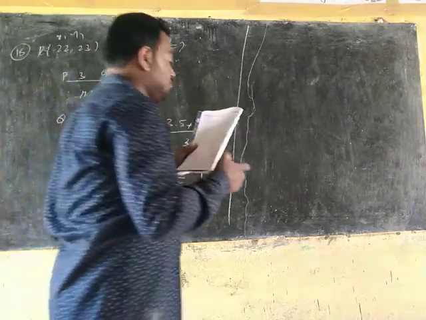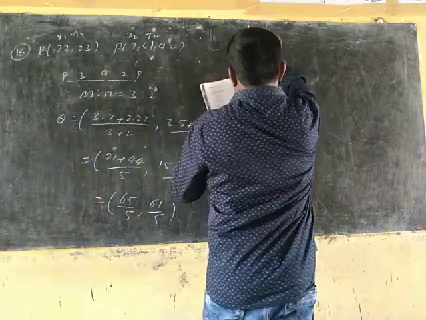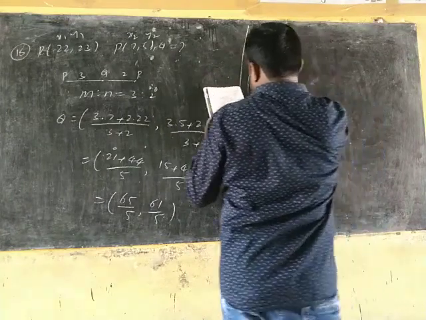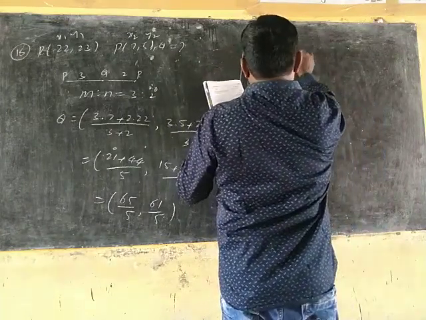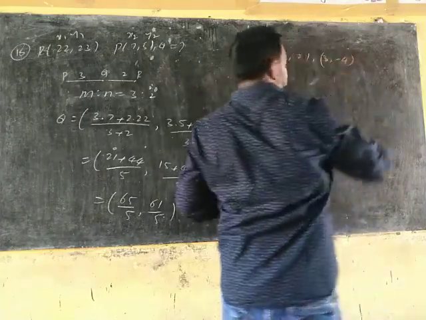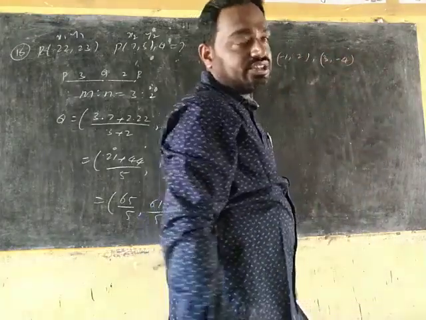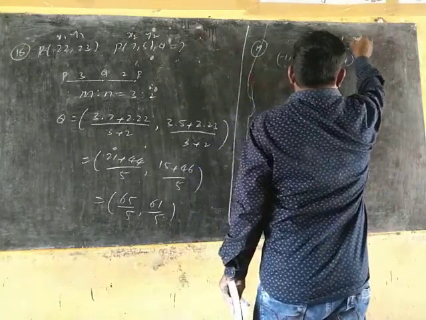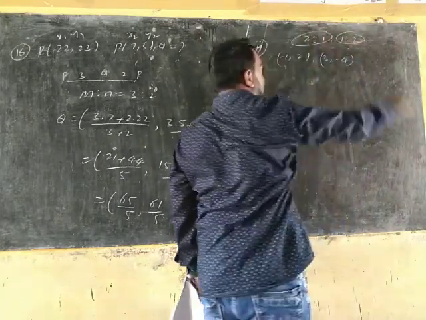Next, 19th question. A point of trisection of the line joining the points (-1, 2) and (3, -4). Point of trisection, dividing ratio 2:1 or 1:2. Dividing ratios are called trisection ratios.